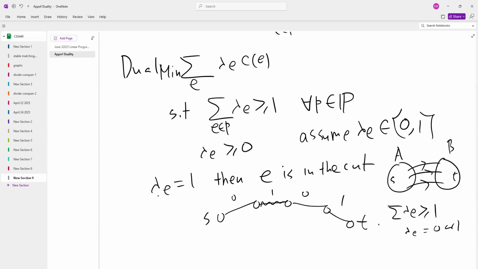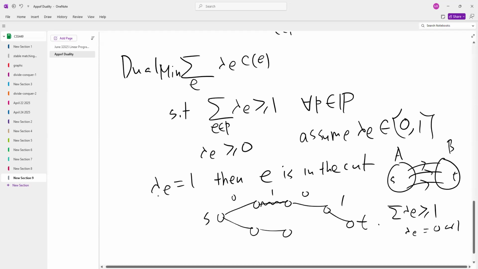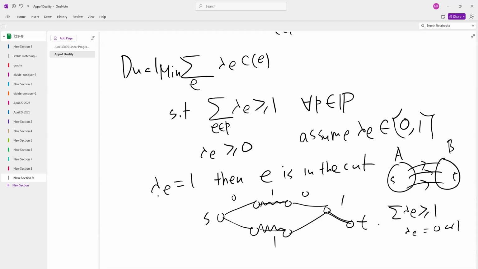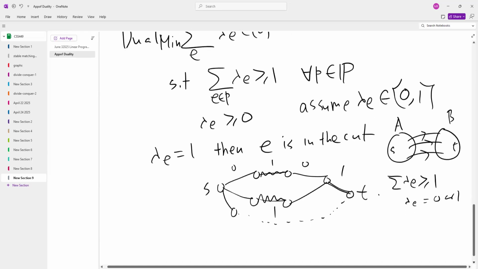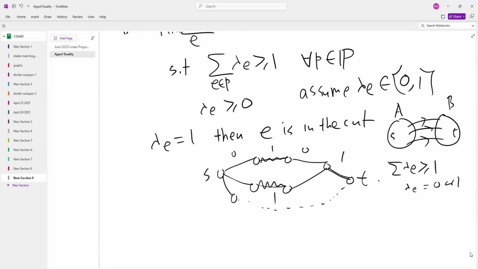Now I can choose another path, and let's say for that one, this edge is 1. We can do this for every path from S to T. I need to choose at least one edge to be 1 for this constraint.